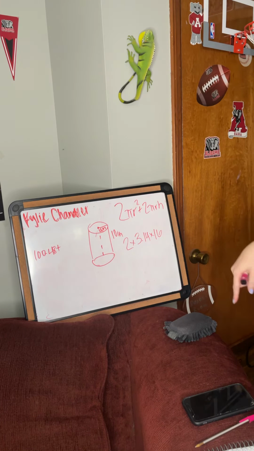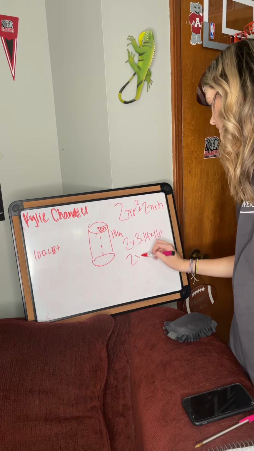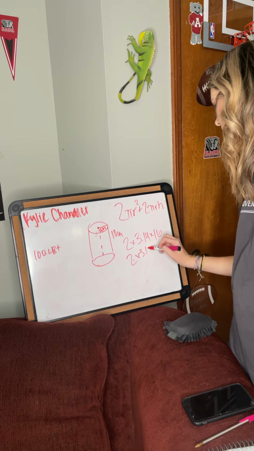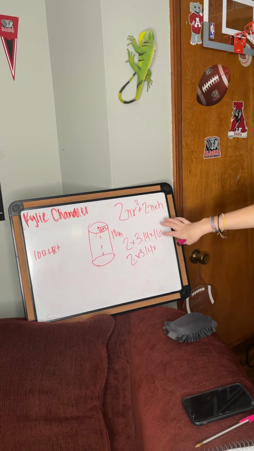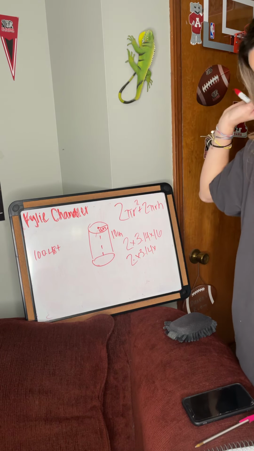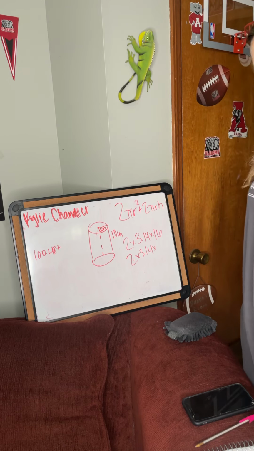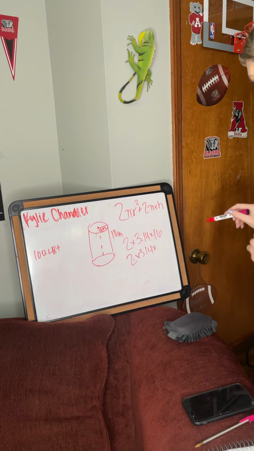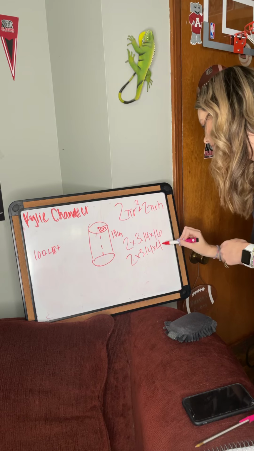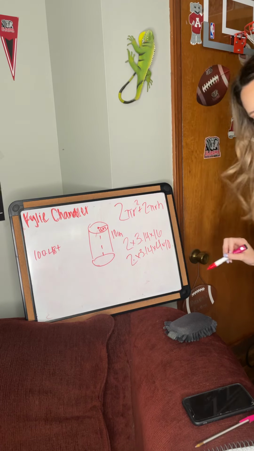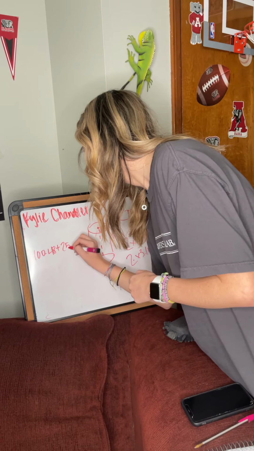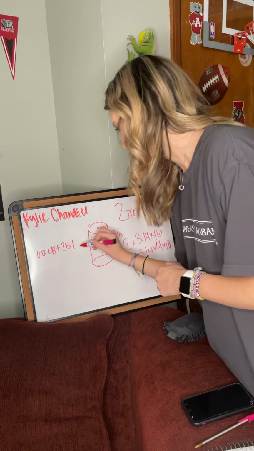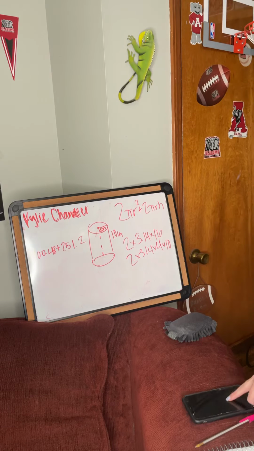Then we have 2 times 3.14 times the radius, which is 4, and then times the height, which is 10, and that answer is going to be 251.2.